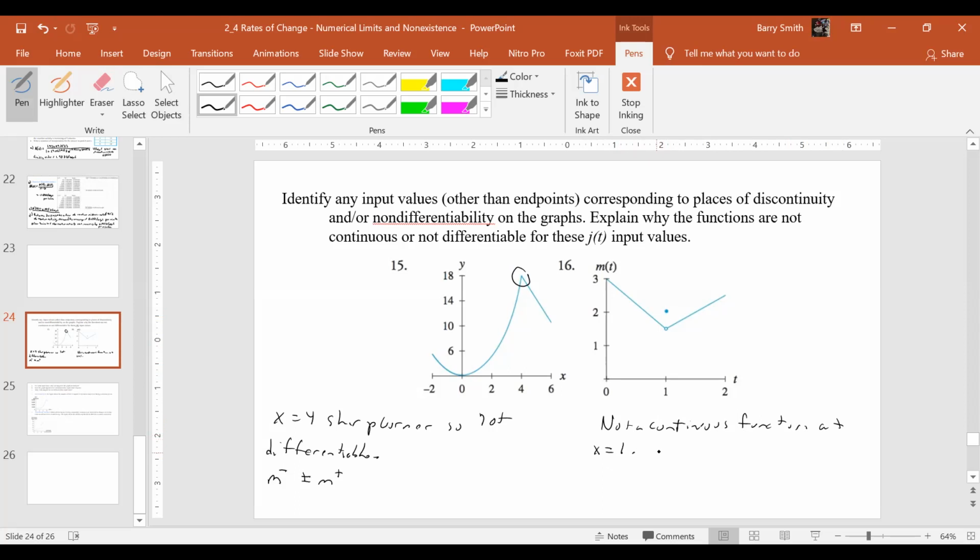And so what happens is the limit is not going to equal m of 1, because m of 1 is 2, but the limit is going to be, let's call it 1.5. So the limit of m of t does not equal m of 1, because this is going to be 1.5 and this is going to be 2, and those are not equal. Okay.